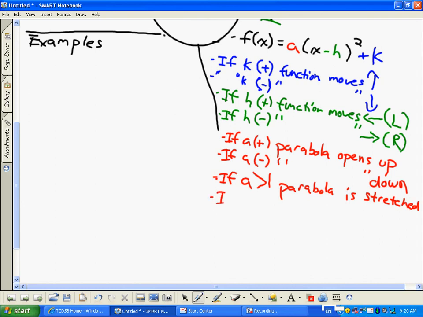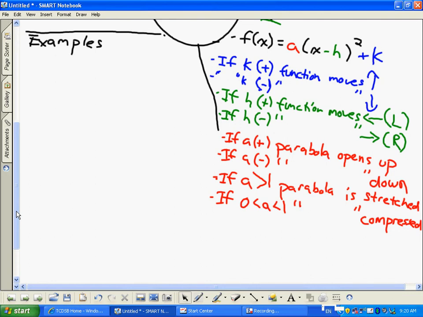And now this is where we get used to our double restriction again, okay? If a is greater than 0 and less than 1, we have a double restriction there. Just like we were just doing with our domain and range, double restriction. It's between 0 and 1, the parabola is compressed. Parabola is compressed. Very good. So that essentially deals with all of our ideas with a, h, and k.